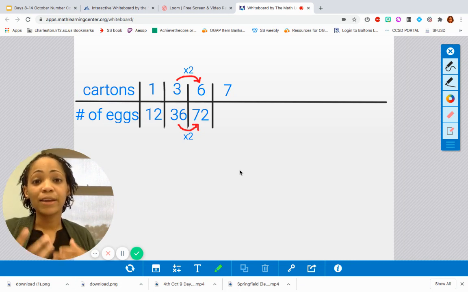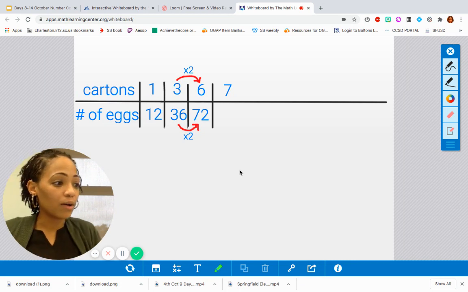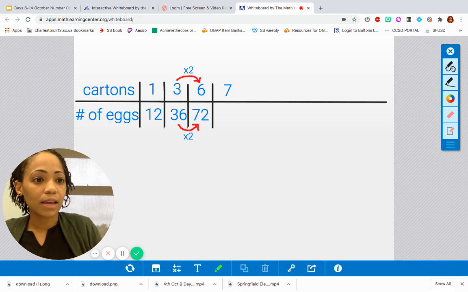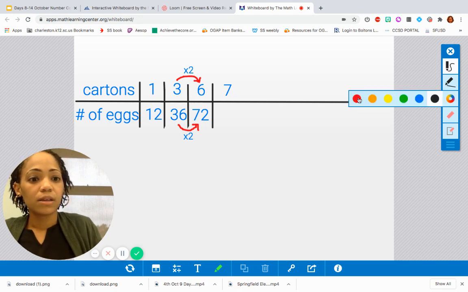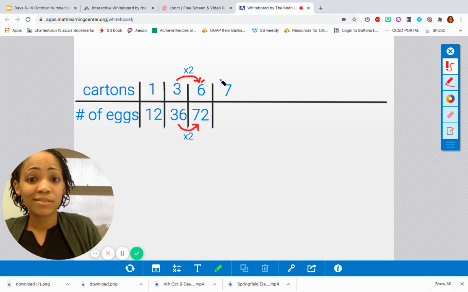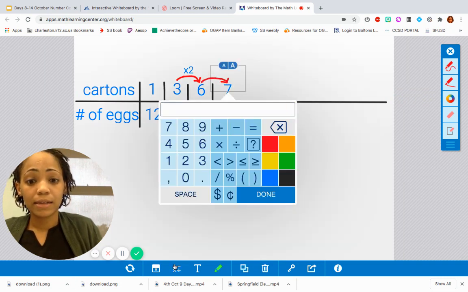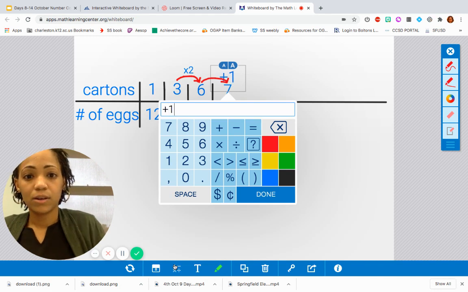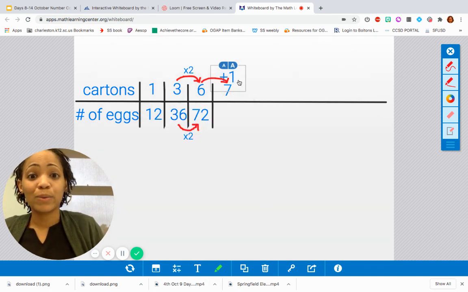Yeah, I'm adding one more group of 12. So here's what that looks like. In order to go from 6 cartons to 7 cartons, I am adding 1. But we've got to unitize, so what does that 1 really mean?